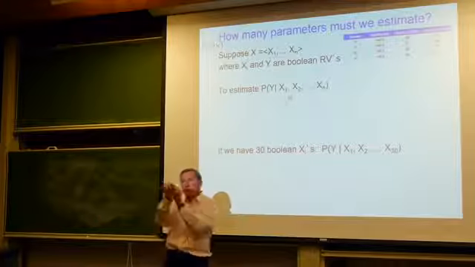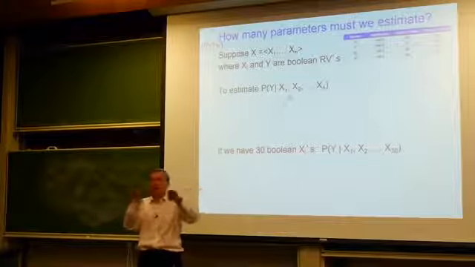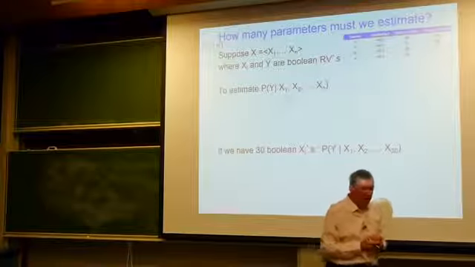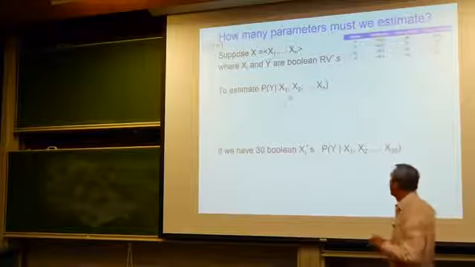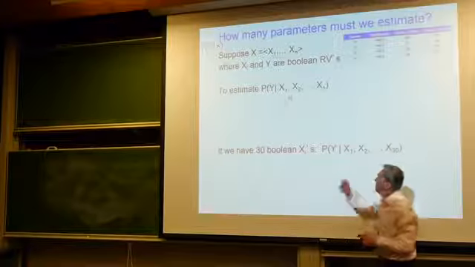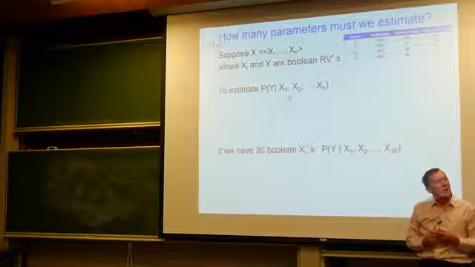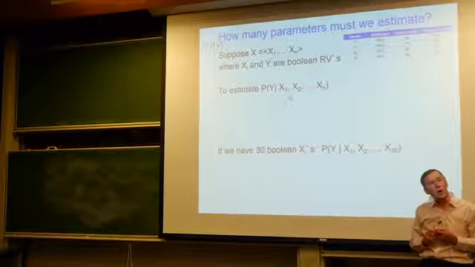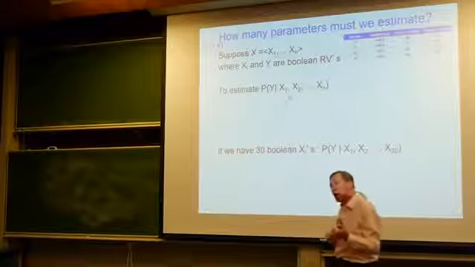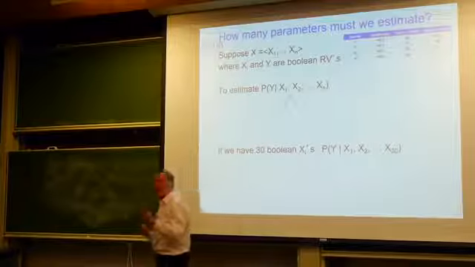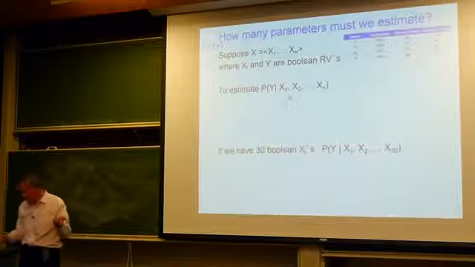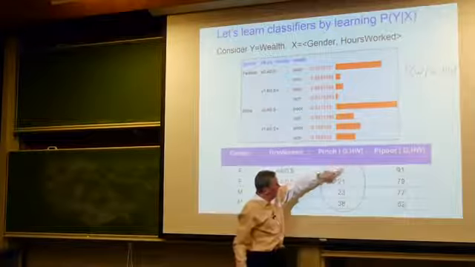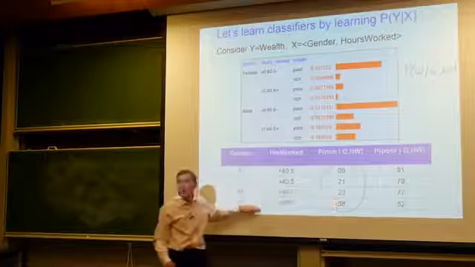If I'm going to build a table with a different row for each potential value of joint assignment of the x's, then there will be 2 to the n rows there. And let's see, I have to estimate both the probability that y equals 1 and the probability that y equals 0. But that's OK. Those are dependent, as we just agreed here. So I actually only have to estimate 1 parameter per row.